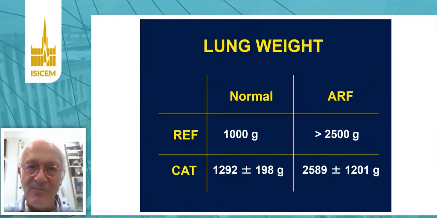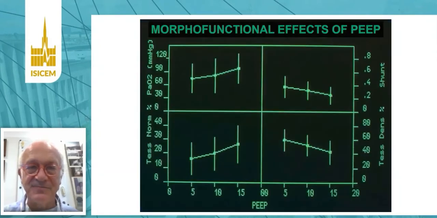And it became immediately obvious that the weight of the ARDS lung was almost 2.5 times, sometimes 3 times the weight of the normal lung. And water edema took the place of air in the lung.